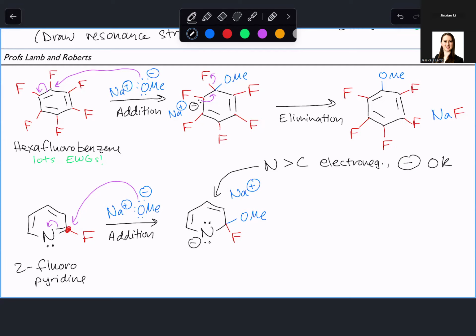So that's the difference with pyridine as opposed to benzene. Okay, so we don't need additional electron withdrawing groups on a pyridine because that nitrogen is already able to hold that negative charge. Okay, so that's our addition step. Again, we're going to have an elimination step where that lone pair pushes back and our leaving group leaves.